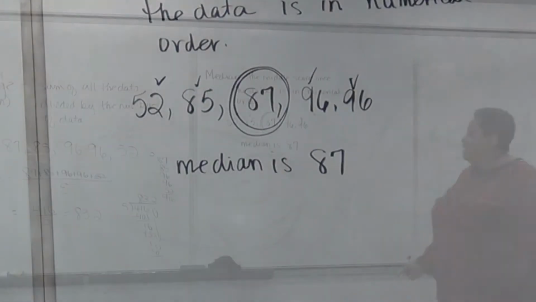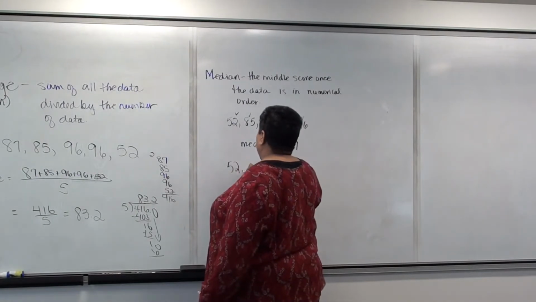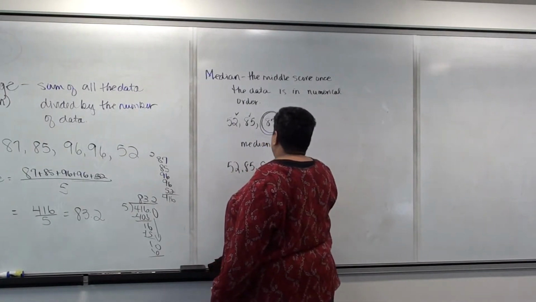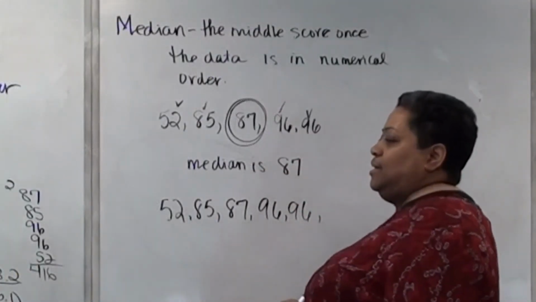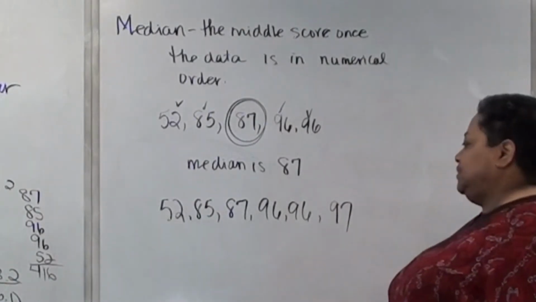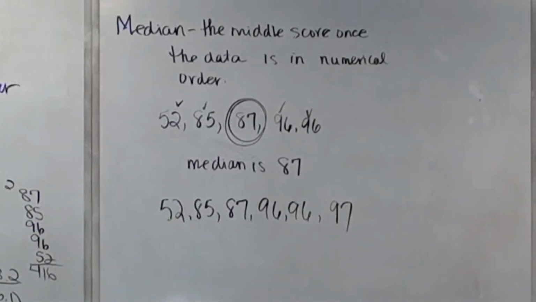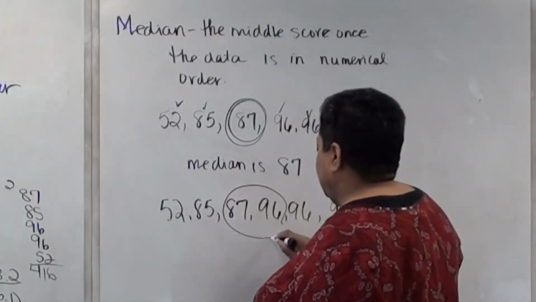Now, suppose we had an additional score. Suppose our data was 52, 85, 87, 96, 96. Suppose I had one more data, we had 97. We have an even set of data. So that means we have two numbers that are in the middle.